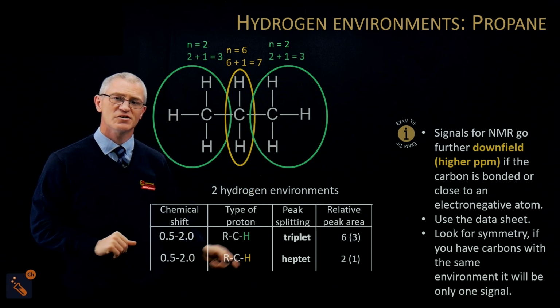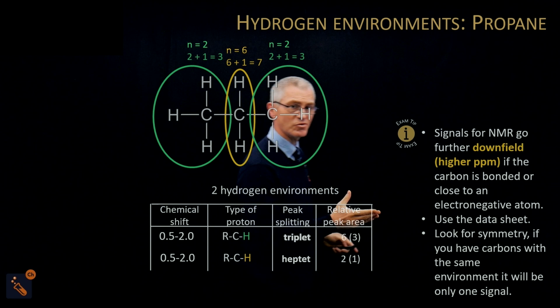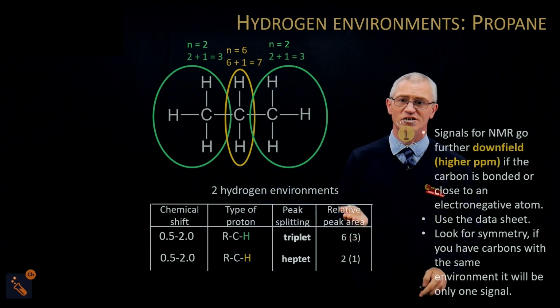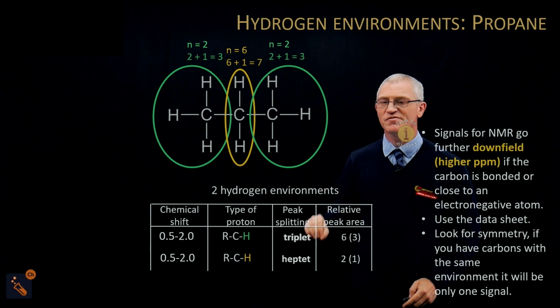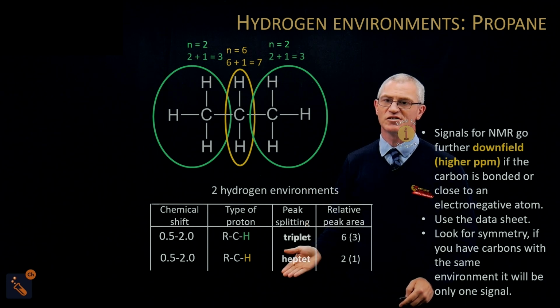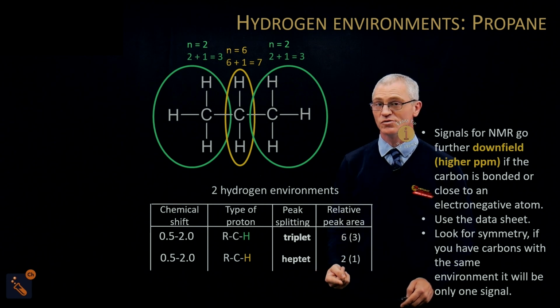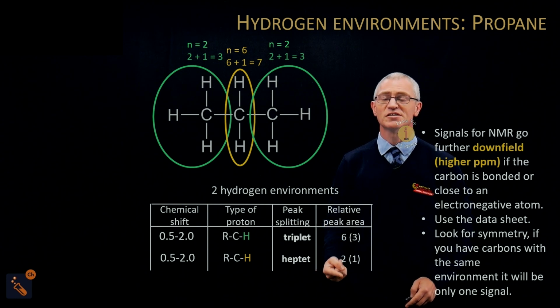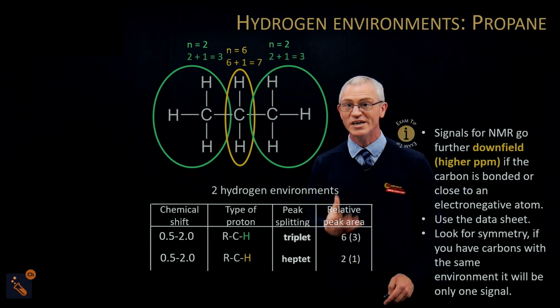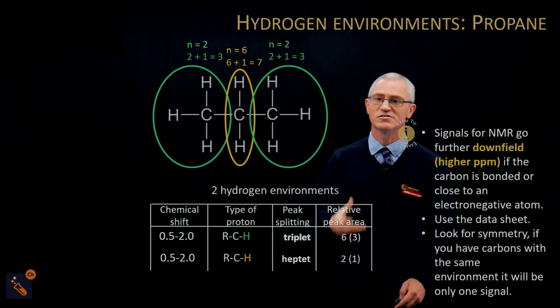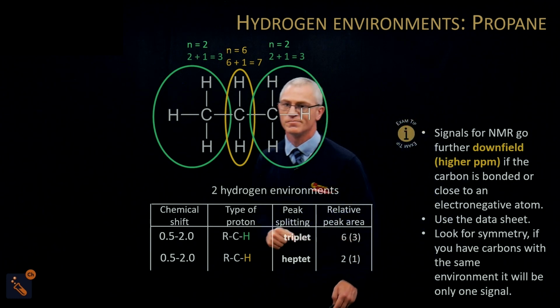Okay, now, if you look at that, this is where it comes into relative peak area. Now, relative peak area is a relative term, therefore it's to the lowest ratio. Okay, so basically instead of 6 to 2, you would see 3 to 1. Because you would see 3 to 1, you need to be aware of that when you're looking at the examples. But we're going to go through several examples that use this, so don't worry about it for now.